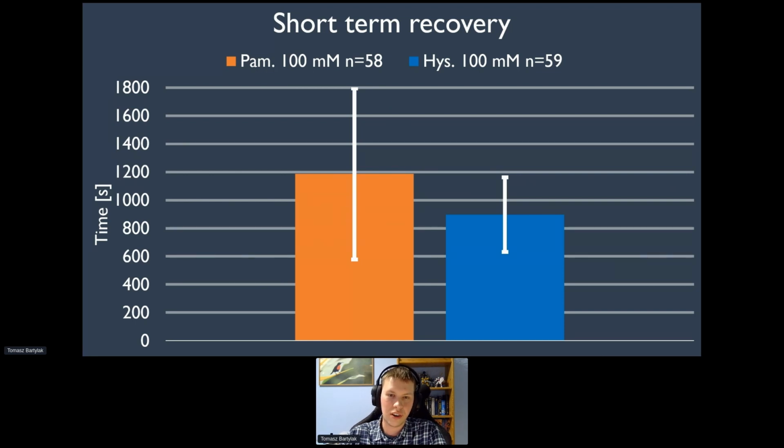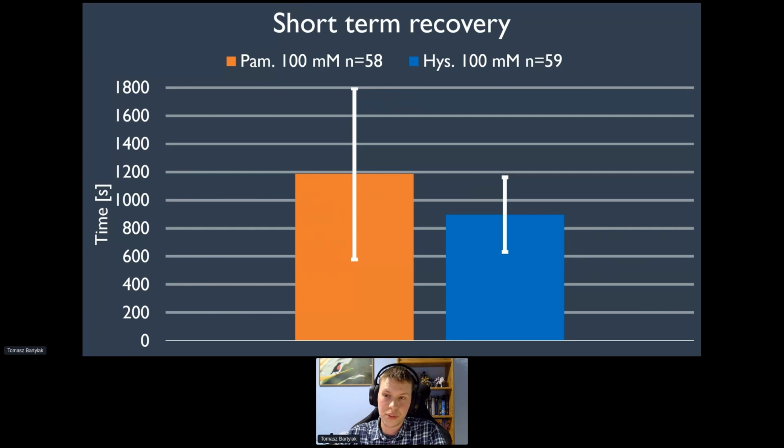You can see it on the y-axis. It's in seconds. I compared mostly two species. One is a carnivorous, more dry-habitat-inhabiting species, while the other is a more aquatic species that also tends to eat algae.